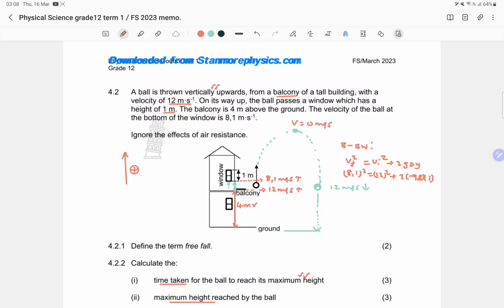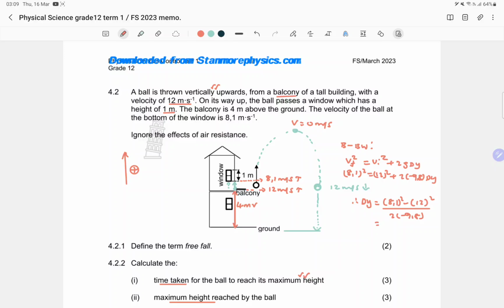No. What am I doing? Delta y. Therefore, our delta y here is going to be 8.1 squared minus 12 squared, divided by 2 into minus 9.8. Let's see what that height is.